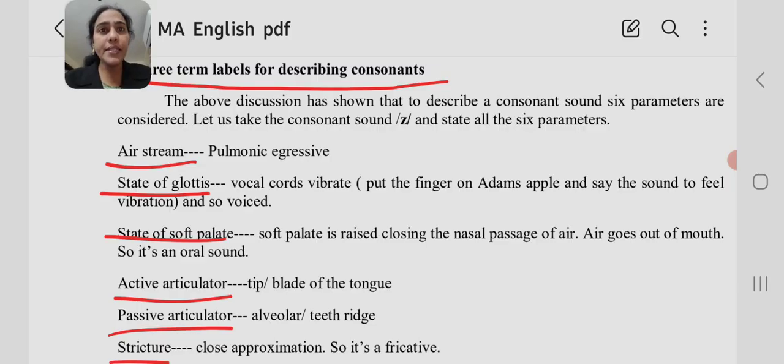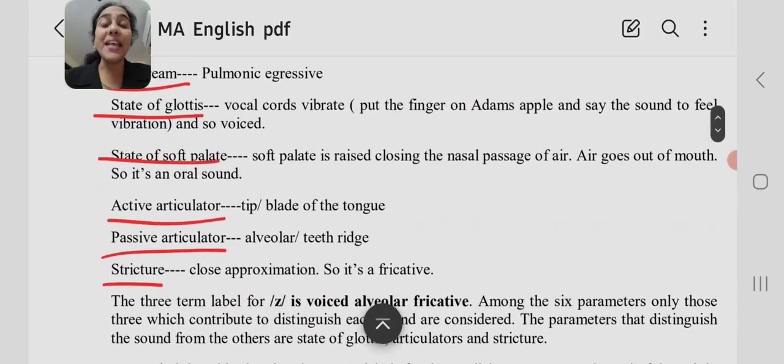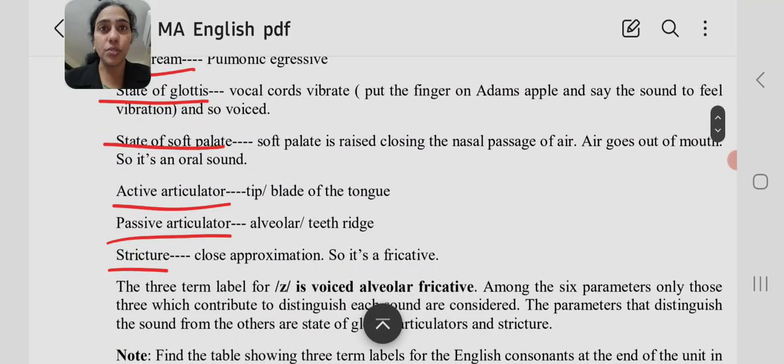Come on. The next one is active articulator or passive articulator. Which one is involved when we say the consonant sound zzz? The tip of the tongue is involved. Yes. Zzz. Teeth ridge is involved. Absolutely. So the active articulator is the tip of the tongue and the passive articulator is the teeth ridge. Do you remember the difference between active articulator and passive articulator which I explained in the previous class?